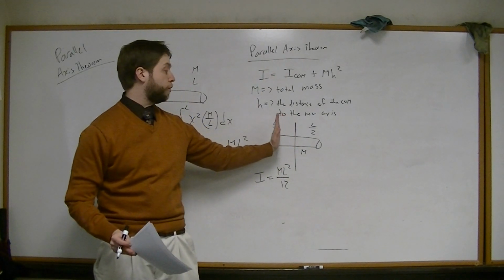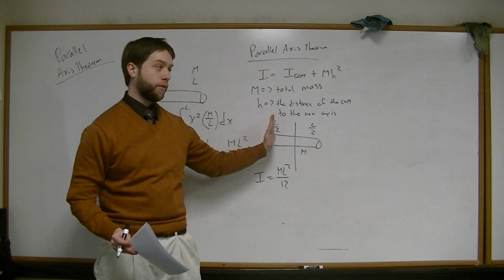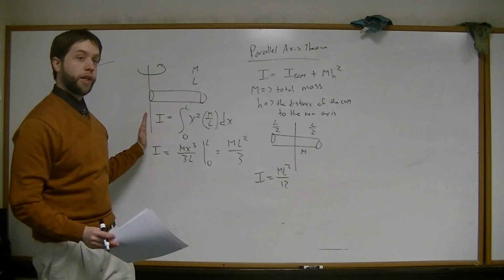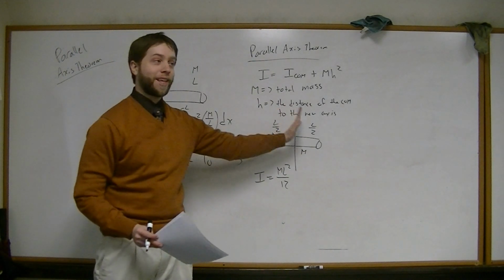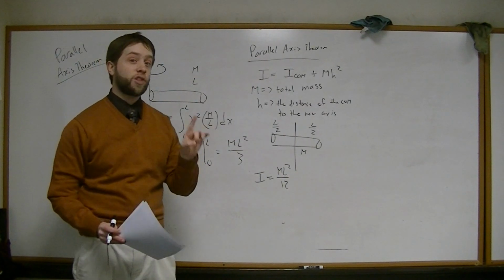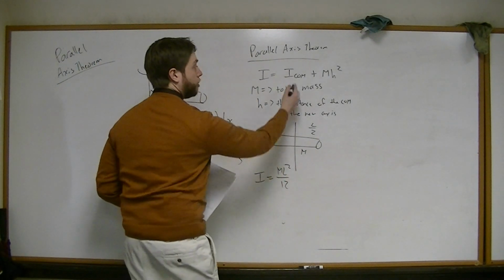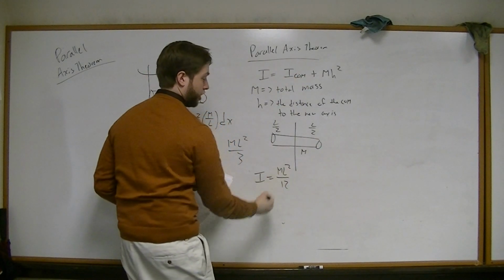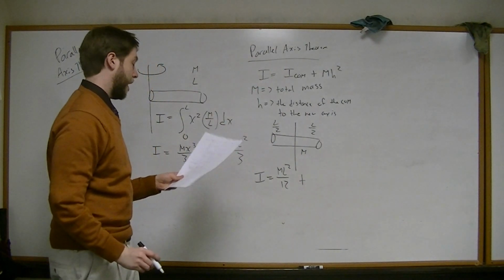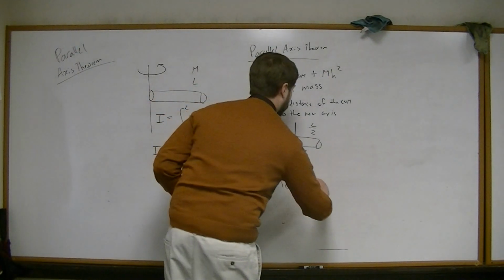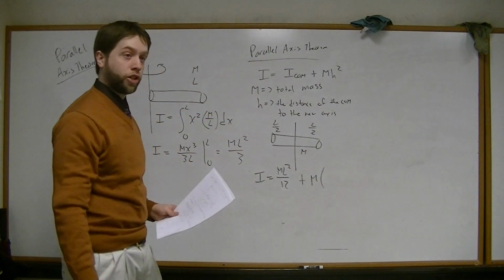Now we shift the rotational axis over to one of the ends of the rod. So now it looks like the picture here. That movement is a distance of L over 2. It's half the length of the rod. So that's our h value. This stands in for what we originally calculated, the center of mass value. And now we add to that m multiplied by h, which is the distance that we've moved the rotational axis.